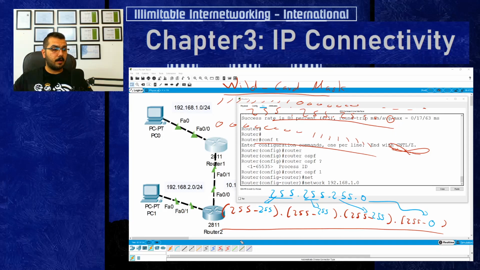So 255 minus 255 is 0. This one also 0. This one also 0. And finally 255 minus 0 is 255. So my wildcard mask for /24 equals 0.0.0.255. As simple as that. That's it.